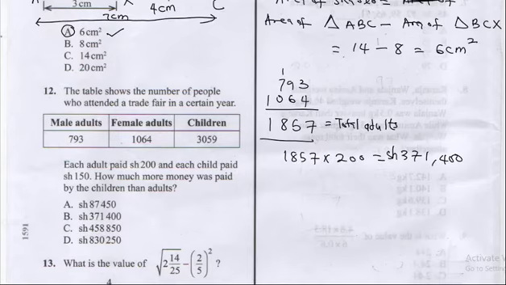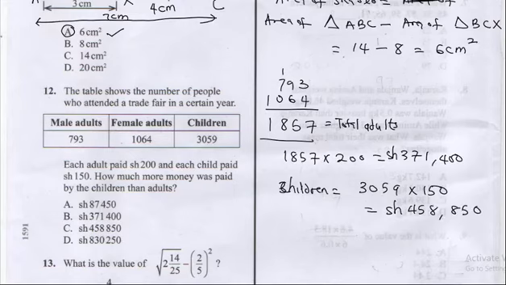Now for the children, that's 3059 multiplied by 150. And when you multiply this, you're going to get 458,850. Now, notice the children paid higher than the adults. The question says how much more money was paid by the children than the adults.